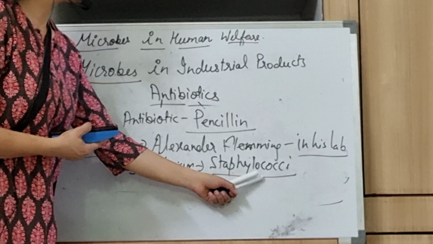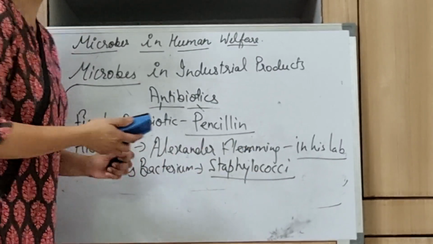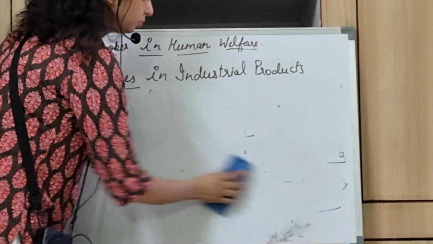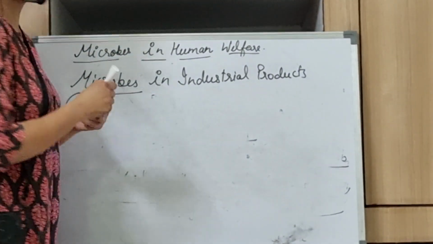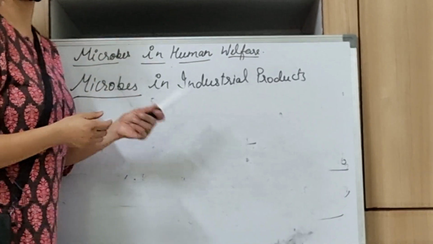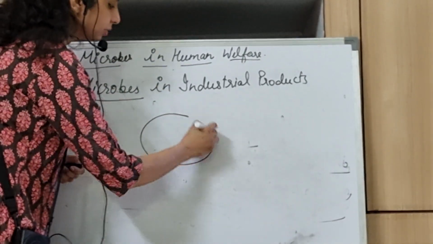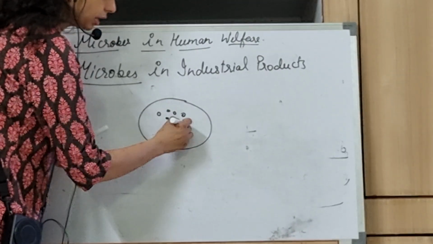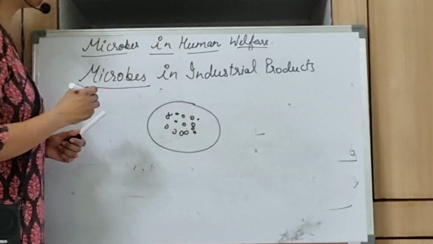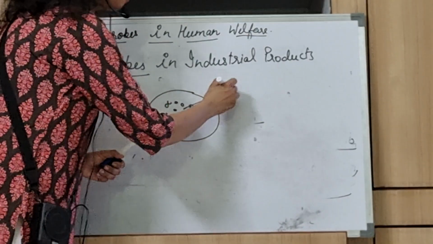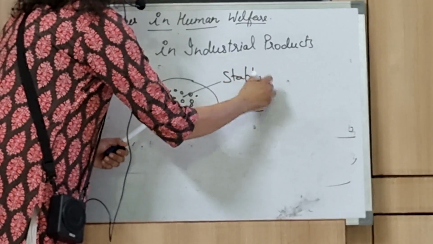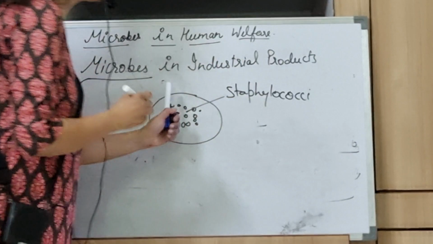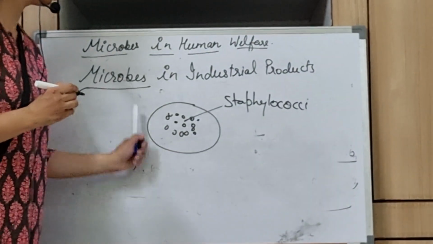We will understand this history with the help of a diagram. Alexander Fleming was working in his lab. He was growing Staphylococci on his culture plate, and he left the plate in his sink in the laboratory, expecting that the Staphylococci would grow enormously throughout the culture plate.